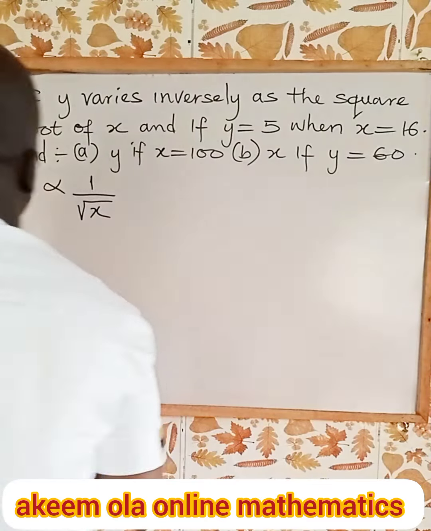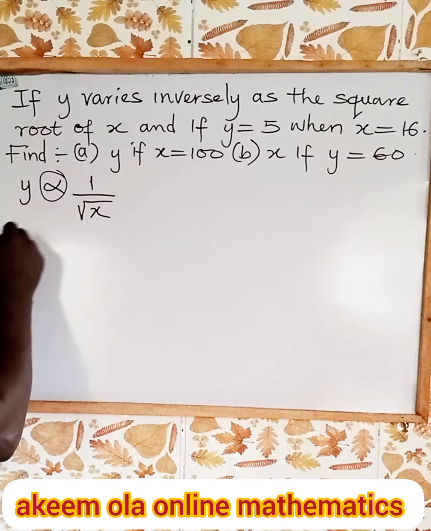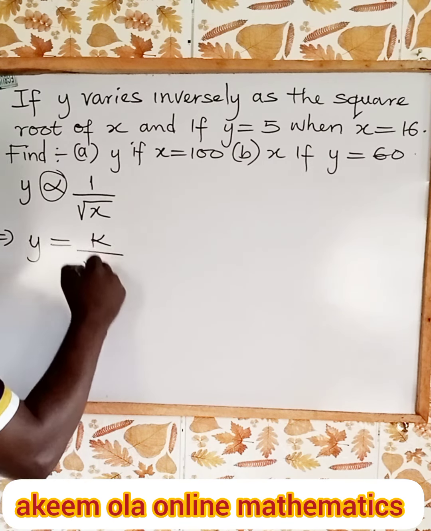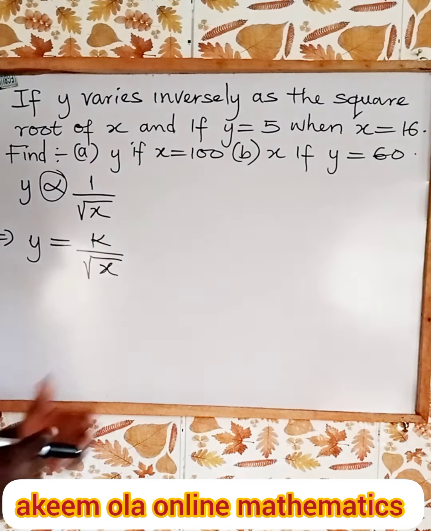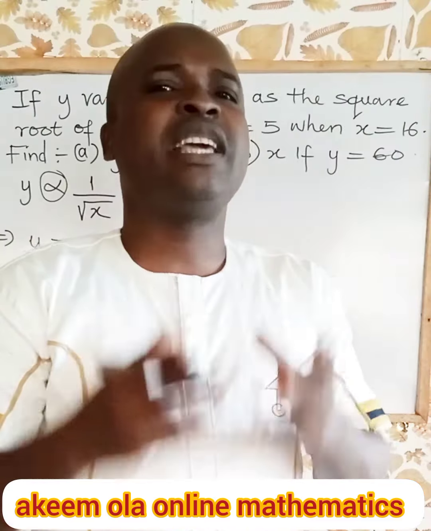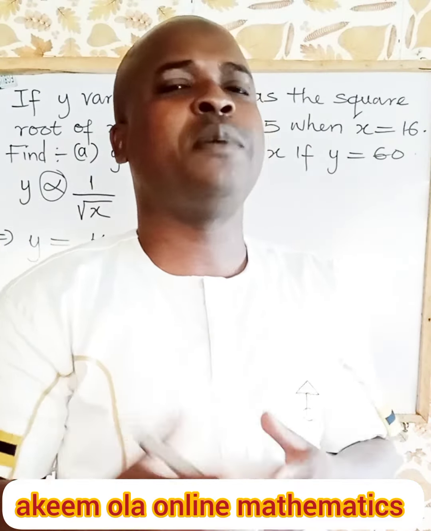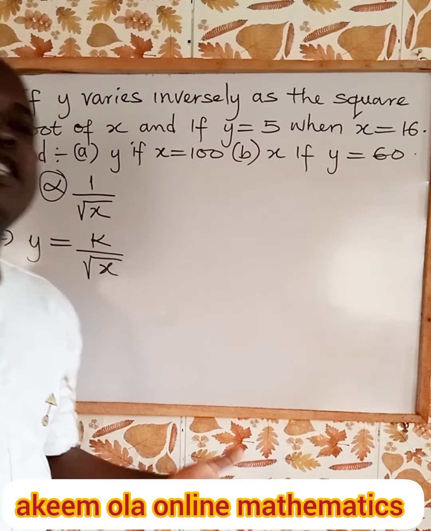So if I change this to an equality sign, I'm going to have y is now equal to k all over root x. From here, I need to get the value of my k for the relationship between y and x to be complete. So I need to make k the subject of the formula.